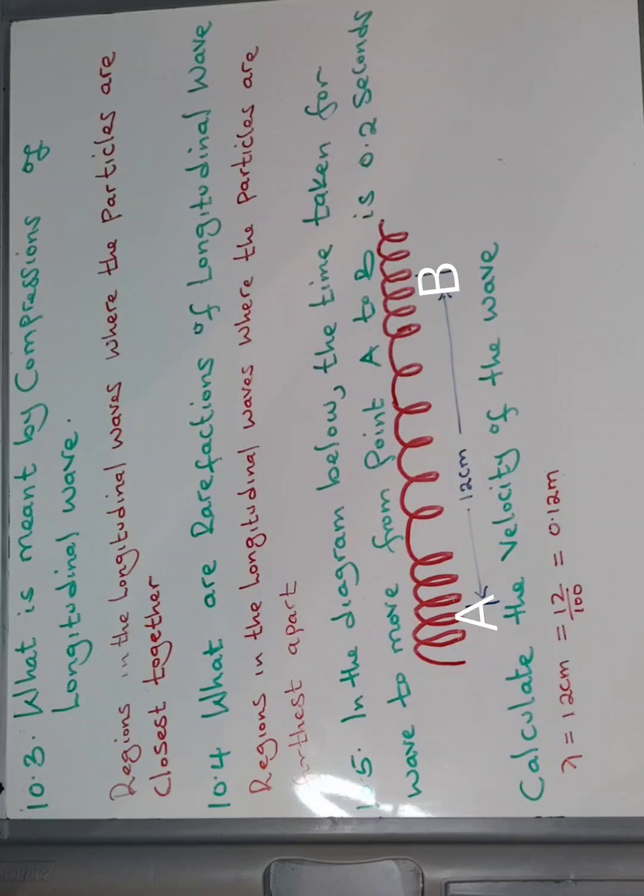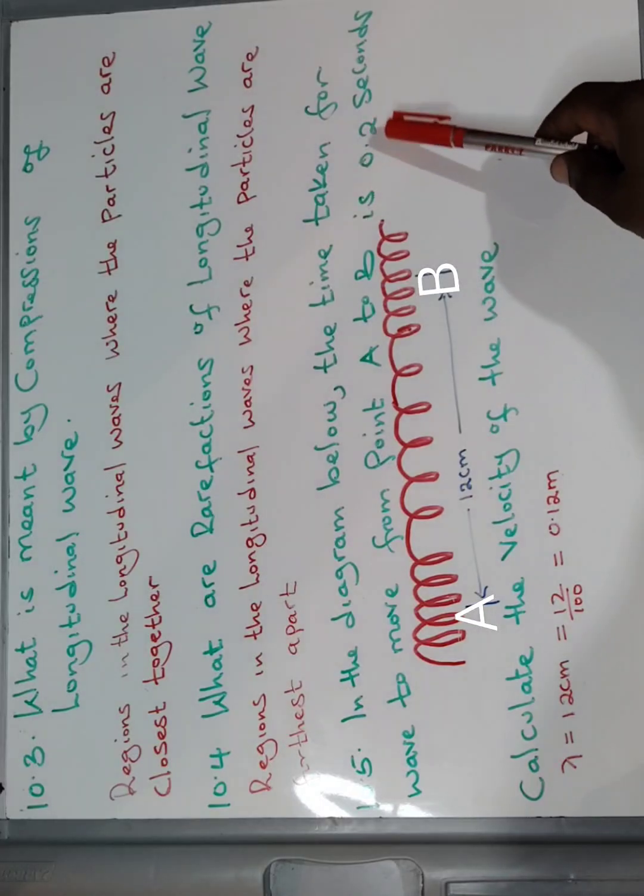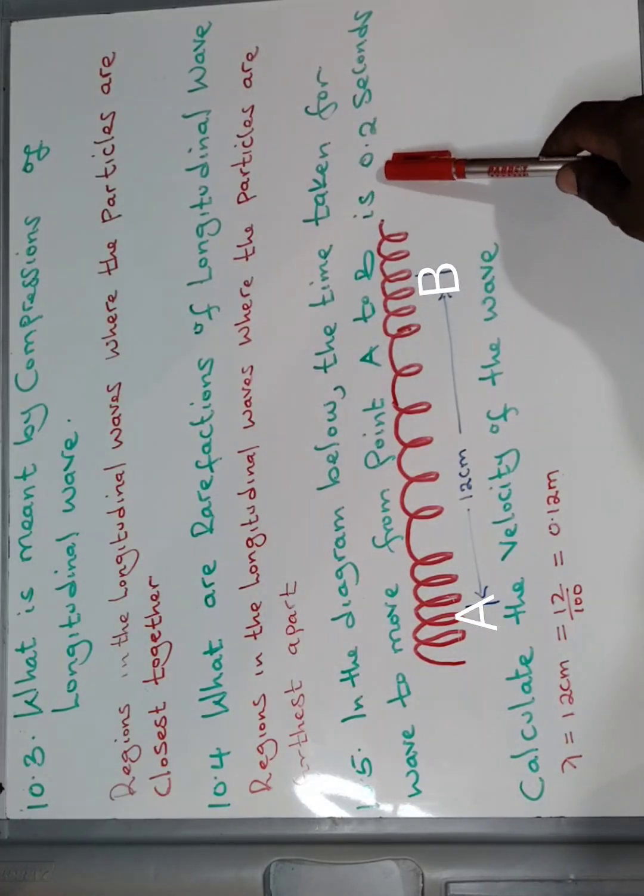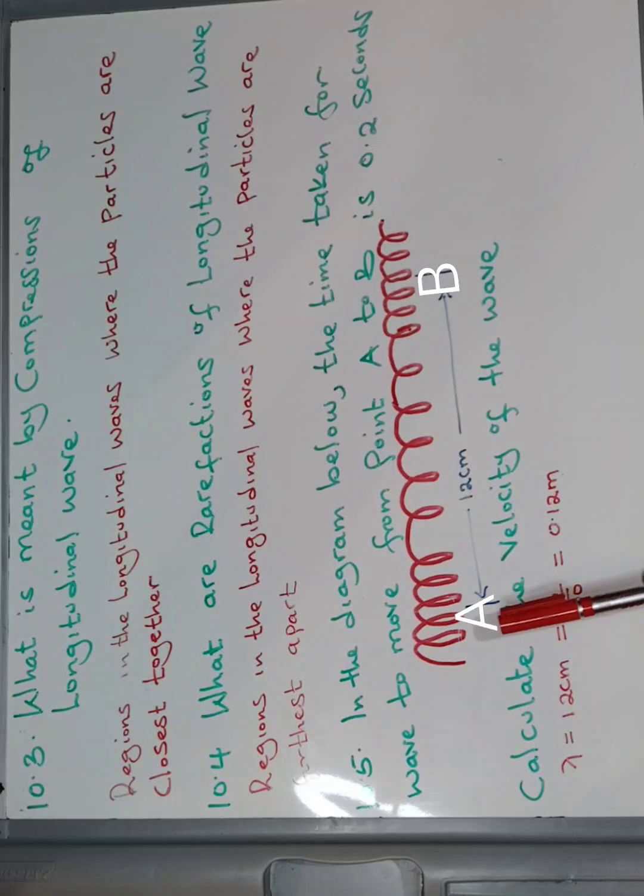Then we have to know that 0.2 seconds is the time to move one wavelength, and the time to move the wavelength is called the period. So we know the period of this wave, denoted by T, and it is 0.2 seconds.